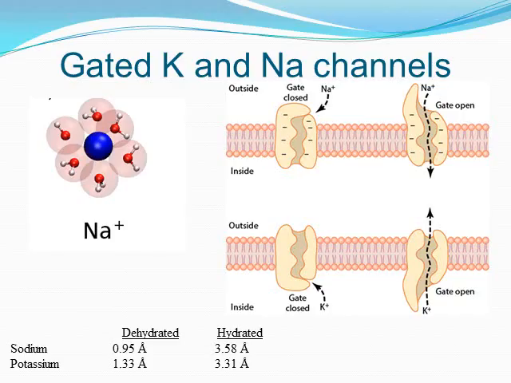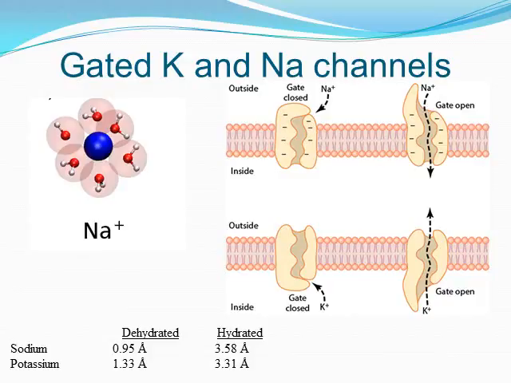Okay. So let's also talk about gated potassium and sodium channels. Now, the ones that we're talking about for the neuron are gated by voltage. So these are the voltage gated.